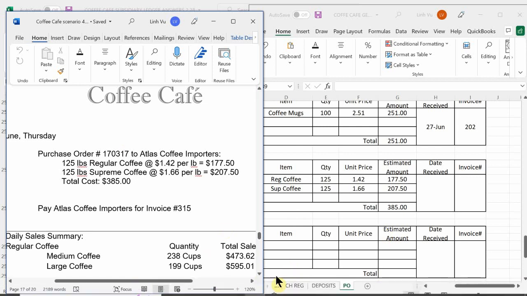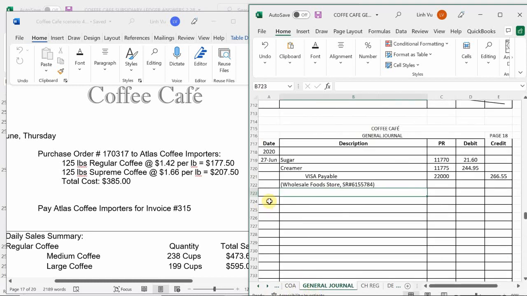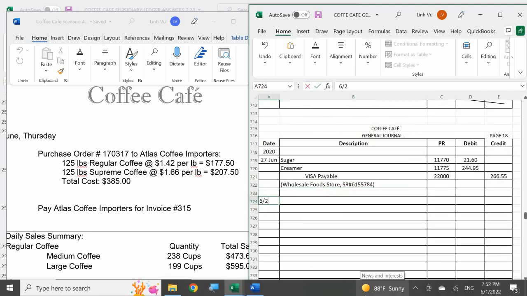So in this case, right, we made a payment. Right? So therefore, we received our bill earlier for invoice number 315. So therefore, we are reducing our accounts payable, right? Now, how do we pay it off?